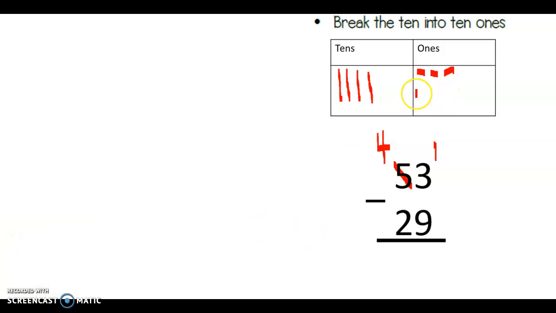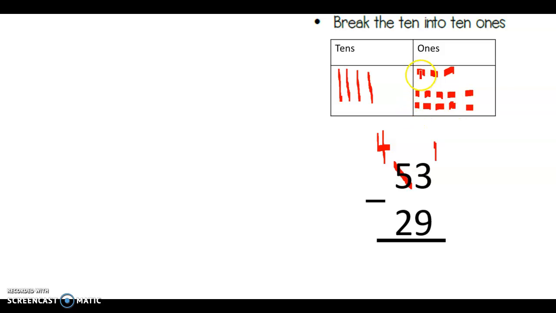So now I'm going to put my 10 ones. 1, 2, 3, 4, 5, 6, 7, 8, 9, 10. So now I have my 10 ones I carried over with my 3 ones I started with.